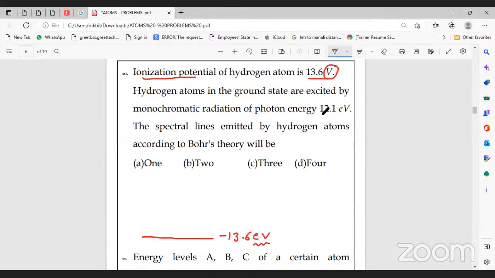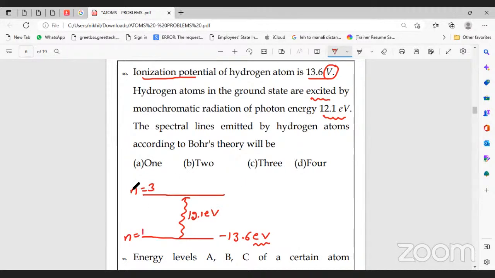Then the atom is going to be excited by a photon of energy 12.1. 12.1 means it should be in the third orbit. So if it is absorbing 12.1 electron volt, it should jump to the third orbit.